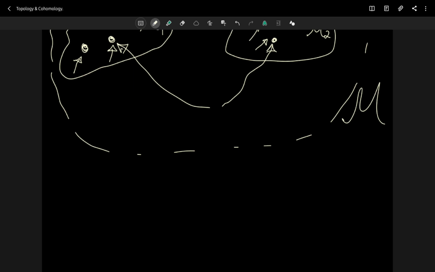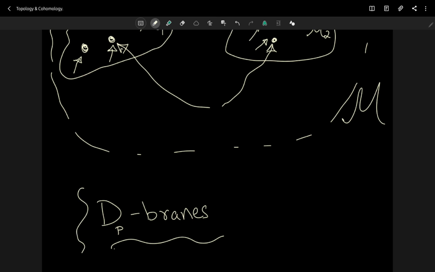And we also have something that we call D-branes. And so then it becomes useful for us to know how these D-branes can wrap the manifolds and still be stable.